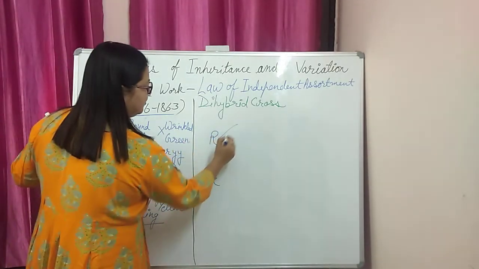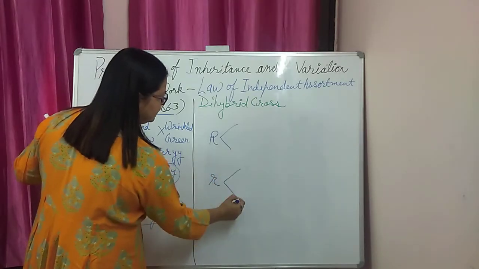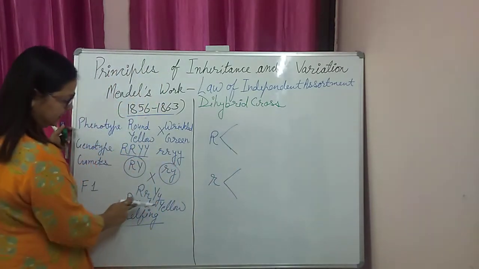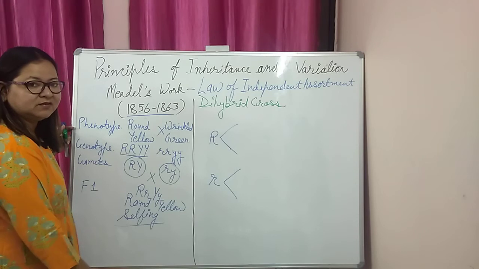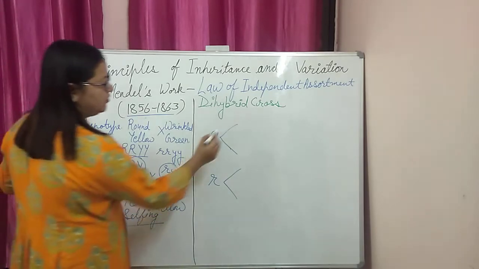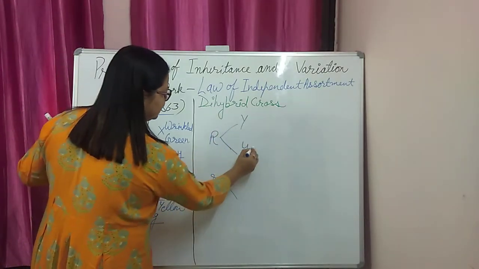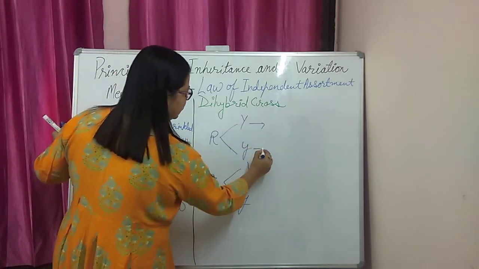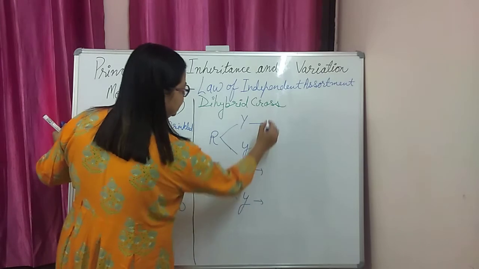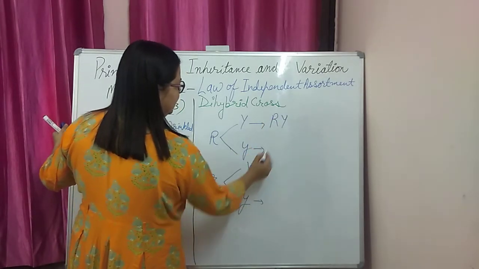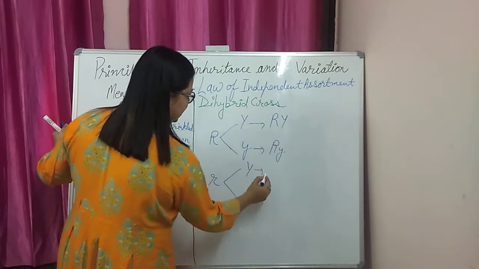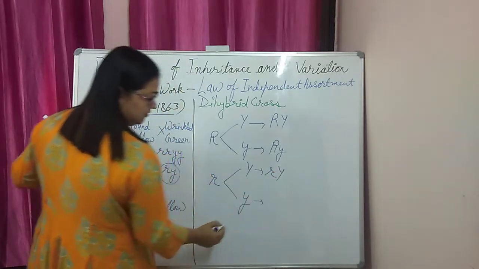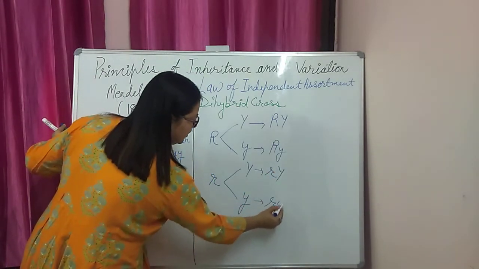Now make a fork like structure and then write the next pair of alleles, capital Y, small y. Now here you can write them together: capital R capital Y, capital R small y, small r capital Y, and small r small y.